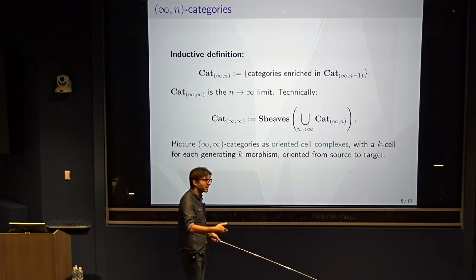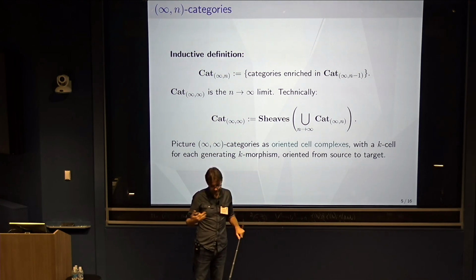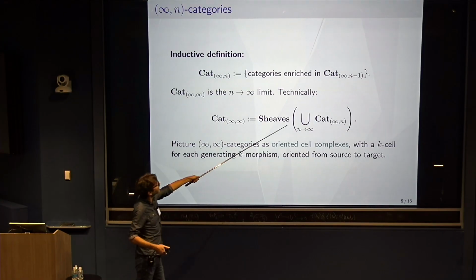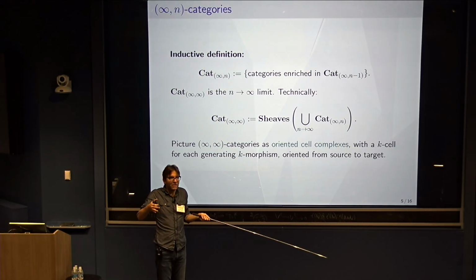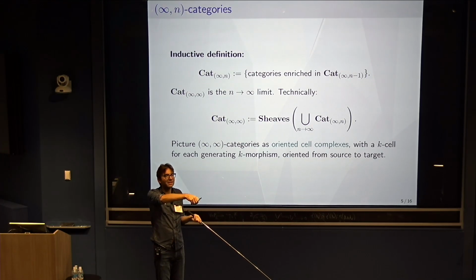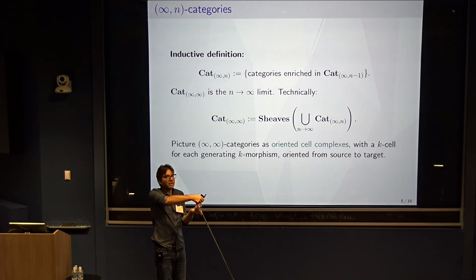I have to take the limit in a world where I have good presentability, a good ability to take colimits. If you take just the actual union of these categories, you get the ensemble of all higher categories in which each element in your category has a category number. And so that ensemble doesn't have real infinity categories, it just has arbitrarily high categories.